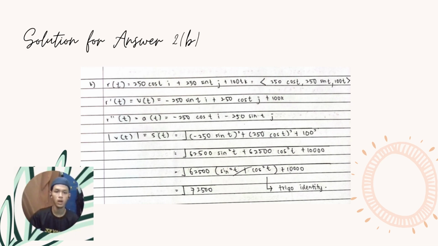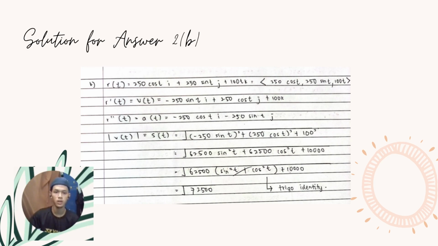Di sini kita boleh lihat bahawa sin kuasa 2t tambah cos kuasa 2t, kita boleh jadikan dia sebagai trigo identity. Untuk formula trigo identity, sin kuasa 2t tambah cos kuasa 2t sama dengan 1.